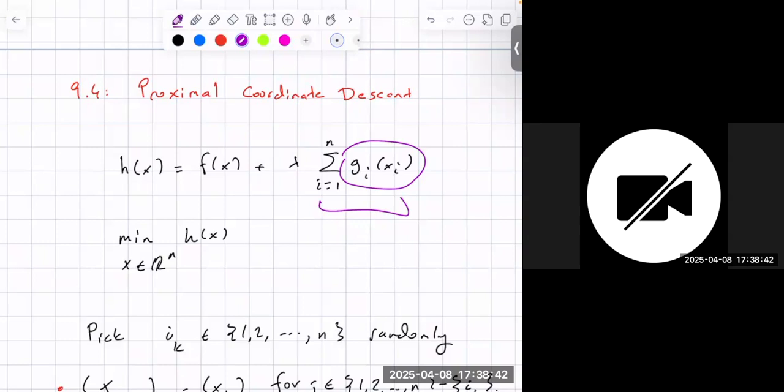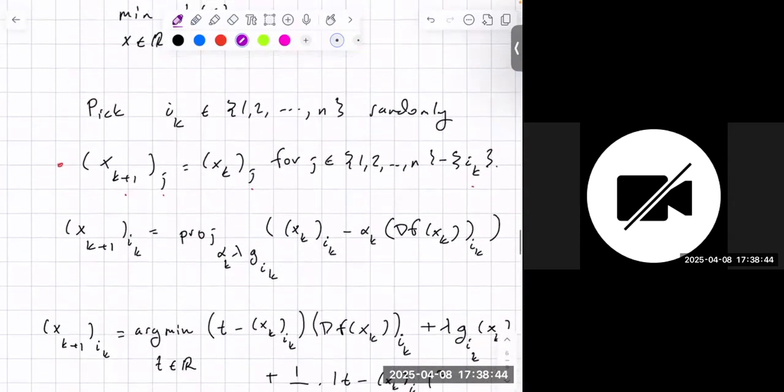Okay, so we will take the gradient of the F, and we will do the projection using that particular G that was talking to your coordinate. Basically, the simplest version of that Rockafellar idea you could think of. You have just one variable, one coordinate, one function G, and one partial derivative.